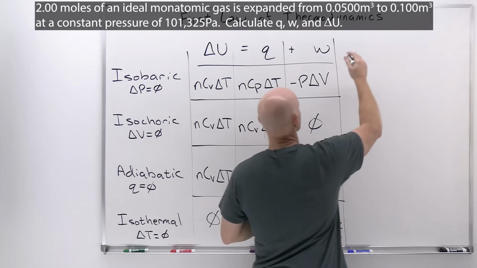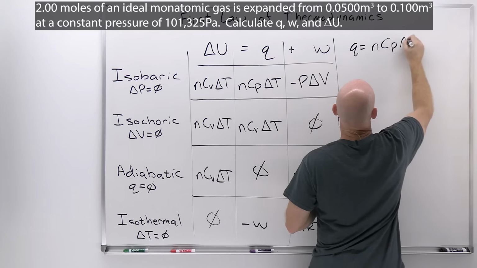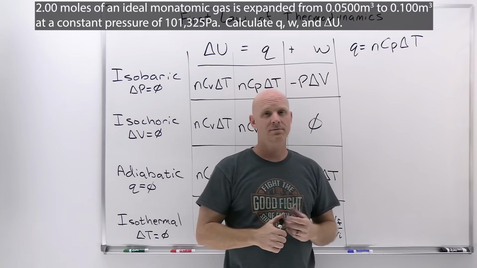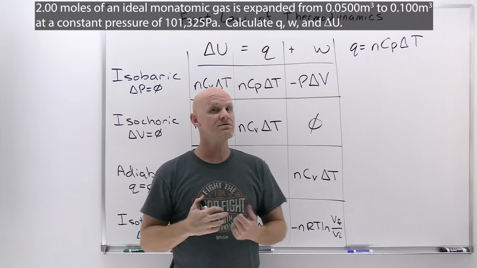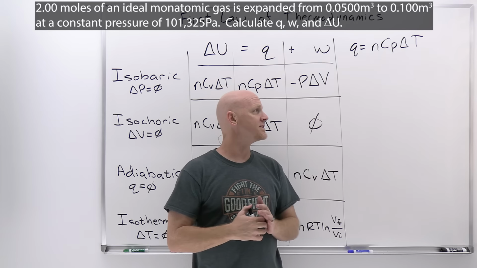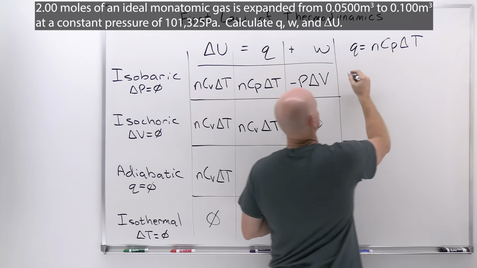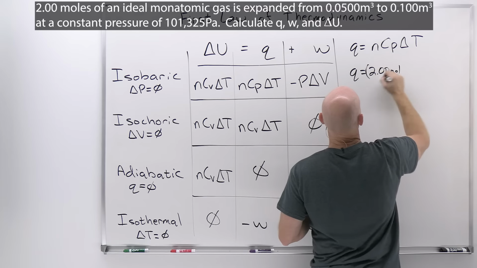Let's start with Q, let's say. So Q is equal to nCpΔT. And we said for a monatomic ideal gas, Cp was going to equal (f+2)/2 R, where f happened to equal 3 degrees of freedom for a monatomic ideal gas. And so we're going to have Cp equal to 5/2 R. So here Q, we had 2.00 moles of gas.